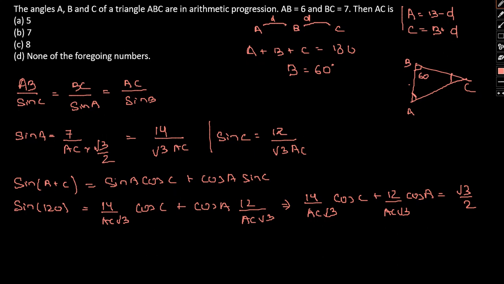So now if we take root 3 and 2 common from here, we'll have 3 by 4 equal to 7 by AC cos C plus 6 by AC cos A. Okay, so this is something we can draw from the same.